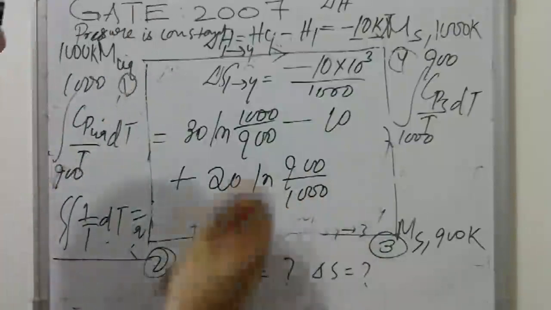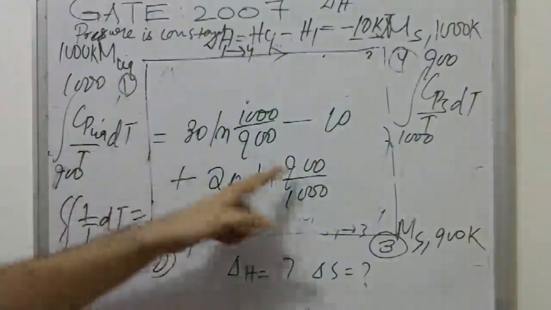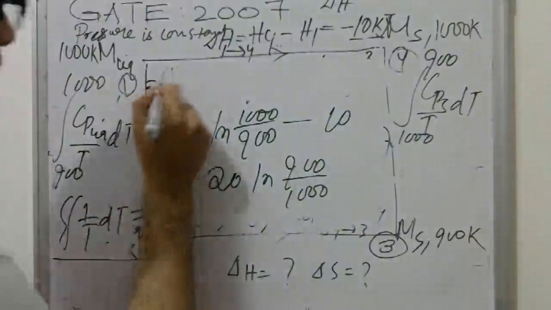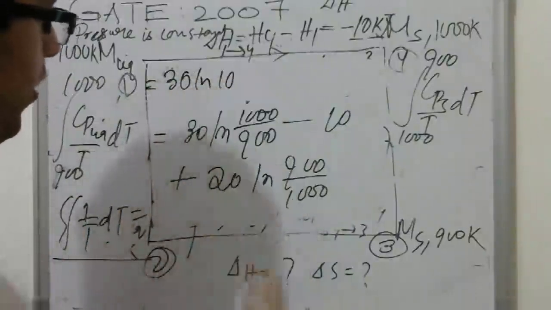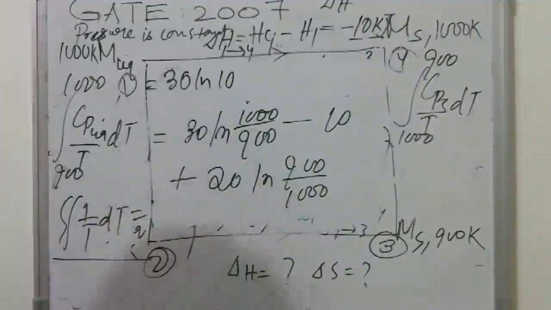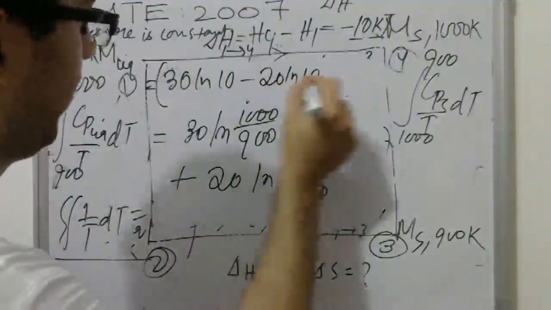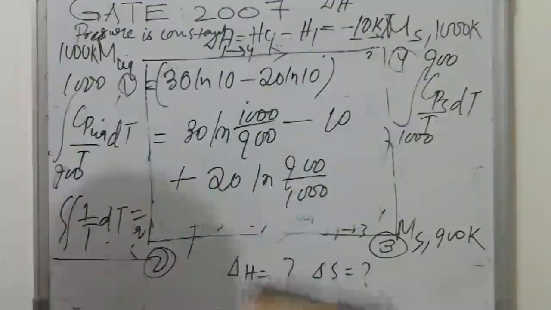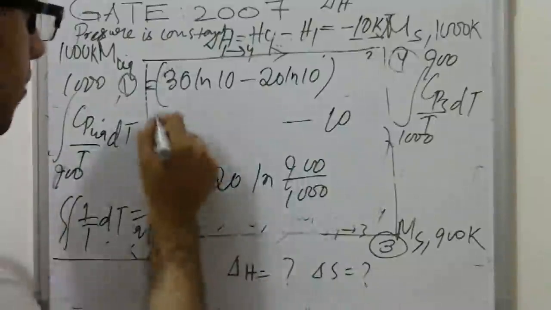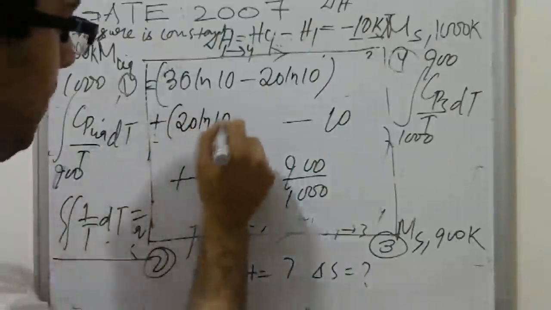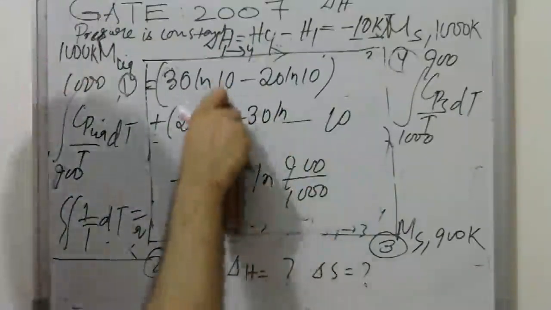So we can further simplify this calculation. So 10 by 9, 9 by 10, 30, 20. So you can write 30 ln 10 minus 20 ln 10 plus 20 ln 10 minus 30 ln, sorry, this is 20 ln 9.